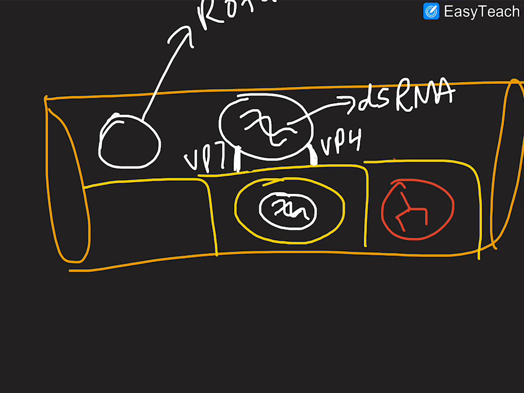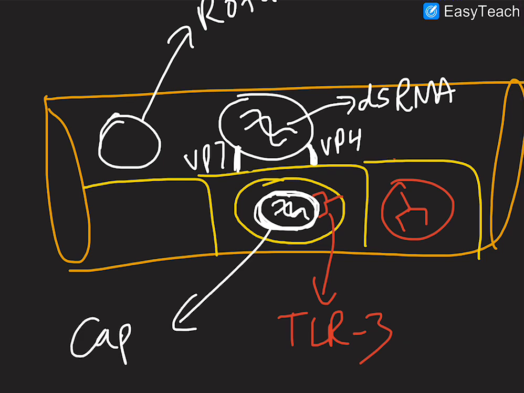So remember, we endocytosed the rotavirus, so then this is our endosome now. Inside your endosome is toll-like receptor 3. So if we drew it like this would be the correct way to draw it. So this would be your toll-like receptor 3. Now we have our capsid surrounding. So this is our capsid layer, and we'll say this white coat right here is the capsid layer.